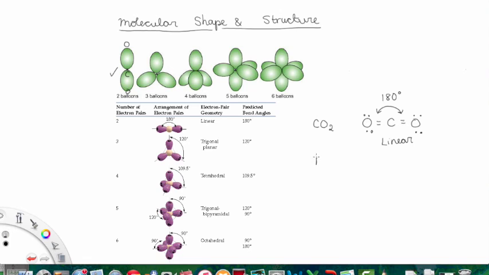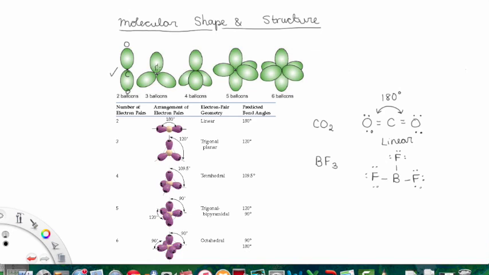So now let's look at trigonal planar. A good example of this is BF3, or boron trifluoride. If we drew the Lewis structure, it would be something like this, where the fluorines all have these lone pairs, and then boron makes these 3 bonds. But if this was the Lewis structure, it's not the correct geometry, because these 3 atoms want to be as far apart from each other as possible. So it's going to take on this 3 balloon form.